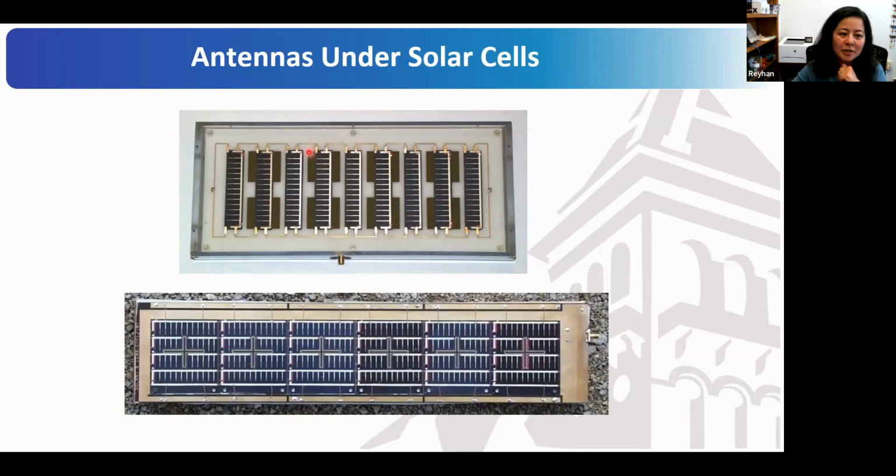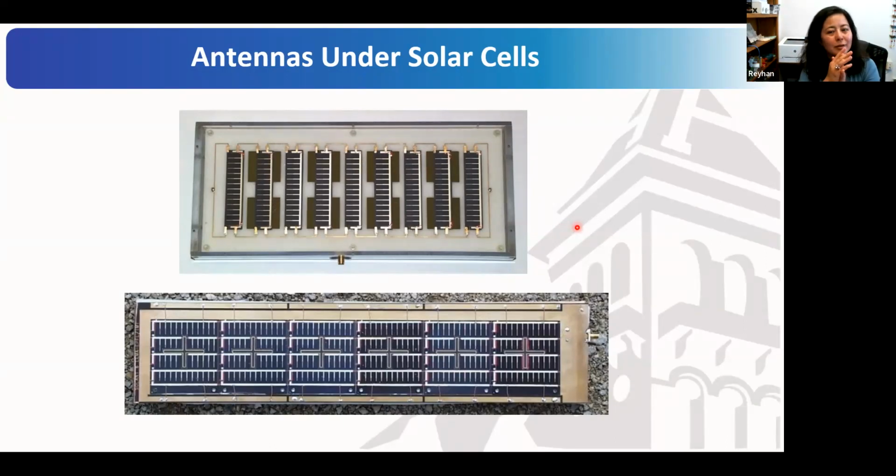But again, since the antennas are sticking out from solar cells, the effect will not be too big. That's also what the European Space Agency said. The only thing is, as you can see, in order for the antennas to stick out, the solar cells have to be placed with certain spacing.